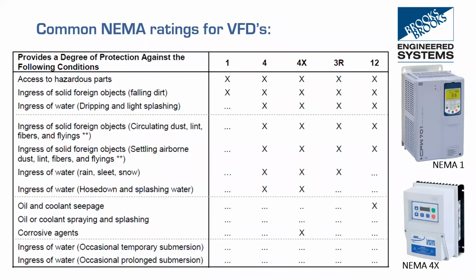And then the 4 and the 4X are used for hose down applications, where we have to make sure that if we're hosing down the VFD, none of that hose directed water gets inside. So NEMA 4 and 4X look like they're the best ones. But there are reasons why we might not want to use a 4X rating on a large VFD.